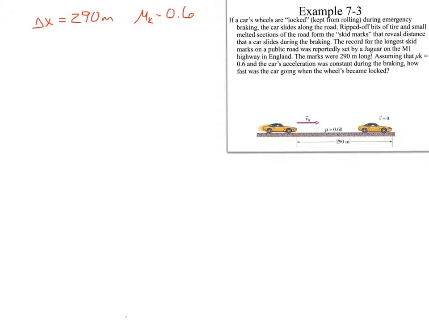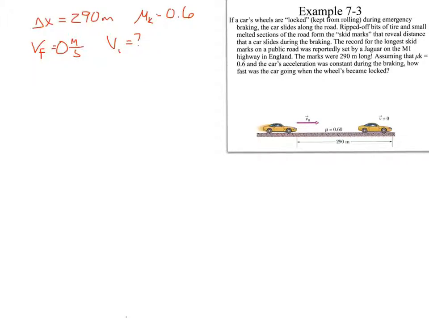We know that the final velocity is 0 meters per second. That's good to know. And we want to know what the initial velocity was. That's what we're solving for.